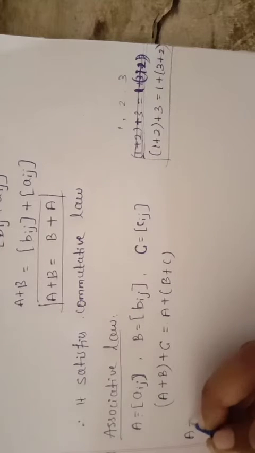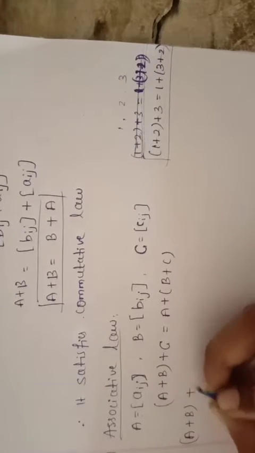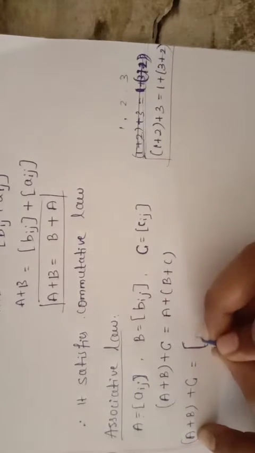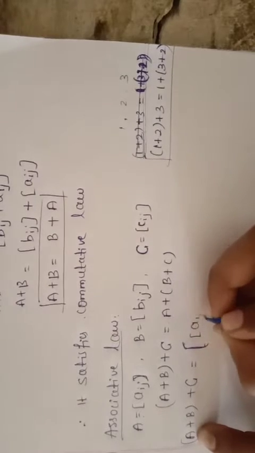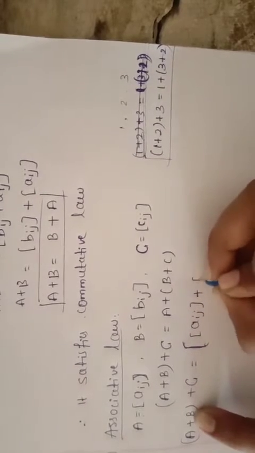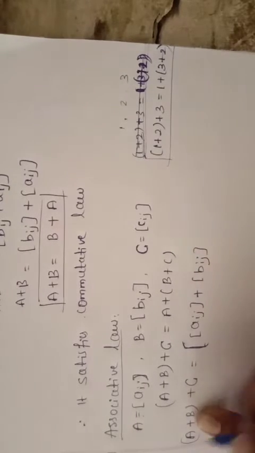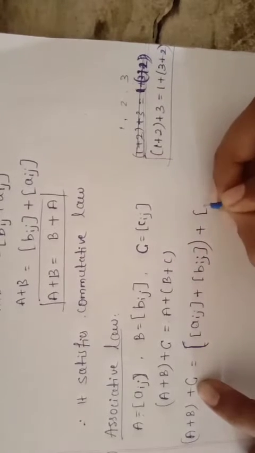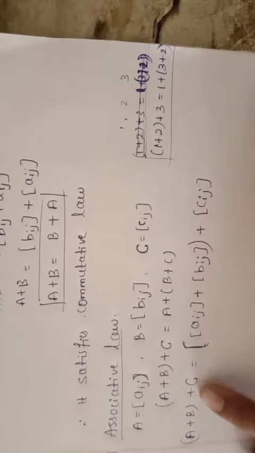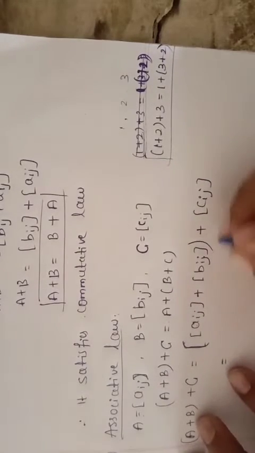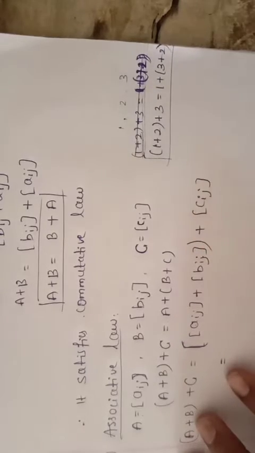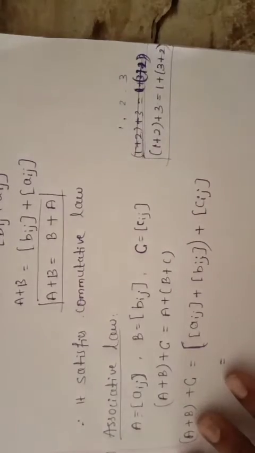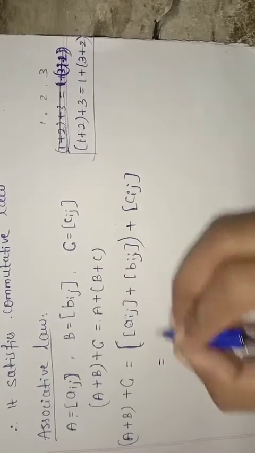So first I will consider the left hand side, A plus B plus C. First I am considering the matrix A, that is Aij plus Bij. See, matrix A is Aij plus matrix B is Bij, bracket complete, plus matrix C, that is Cij. Now you can write it as numbers addition, since addition of numbers satisfies the associative law. This was matrix addition.